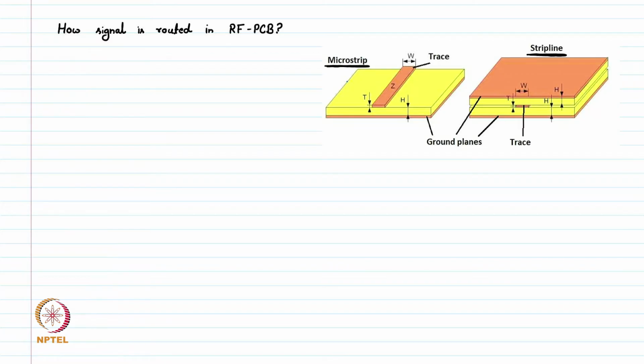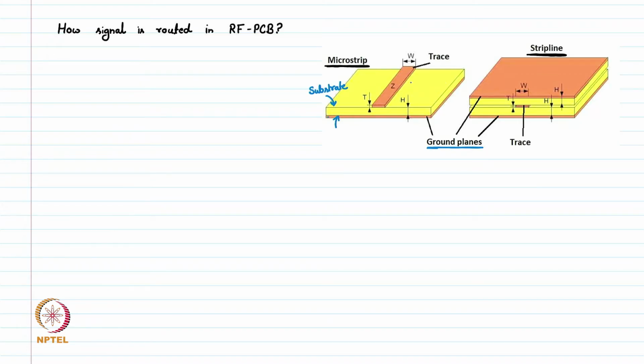In microstripline, which is very widely used in RF PCB, we have the PCB material shown by this yellow color. This is substrate. On both sides we have copper. On the bottom we have this copper completely filling the area. Generally this acts as a grounding plane.